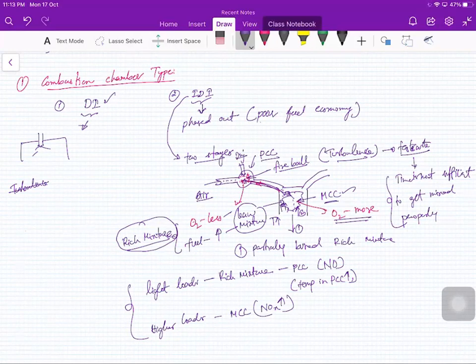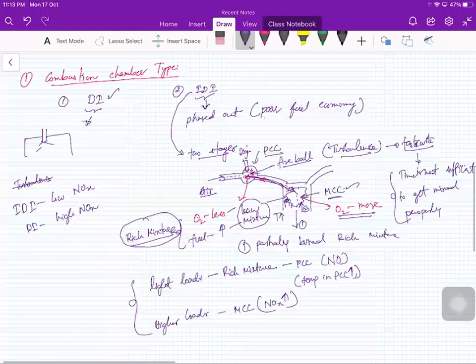So in this case, again, the IDI will have low NOx emissions when compared to DI, which is high NOx, comparatively, because of the presence of a lower level of turbulence during combustion.